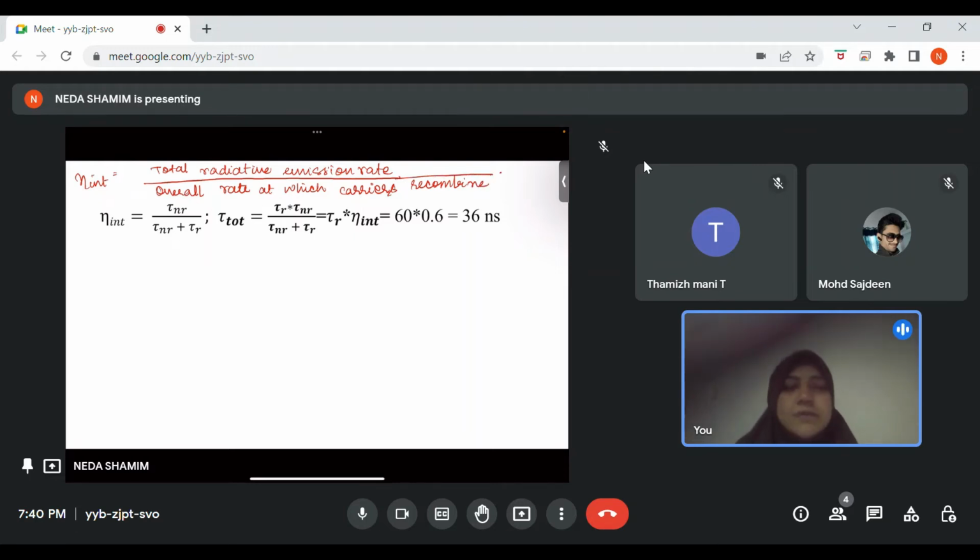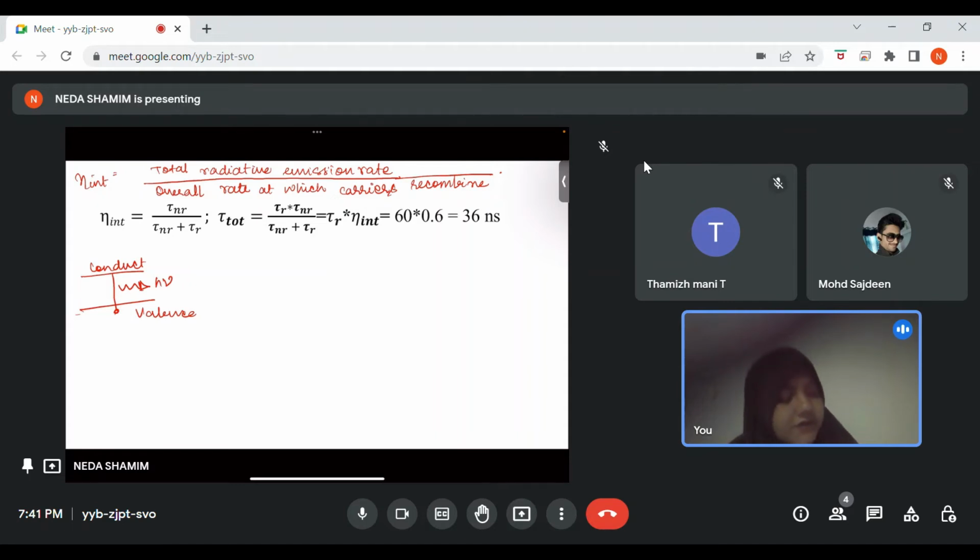So when I say radiative emission rate, that means that from the conduction band to the valence band, the electrons drop down, recombine with holes, and there is an emission of a photon. So this has to happen at some rate, in some time. What is the lifetime of this?